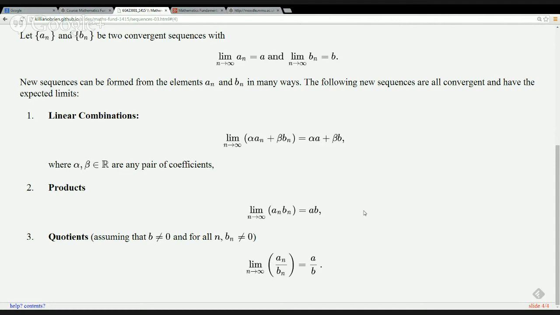So this is the definition of convergence of our new sequence, alpha an plus beta bn, to the limit alpha a plus beta b, as required. That's what we had to do. So that's the end of the proof of part one.